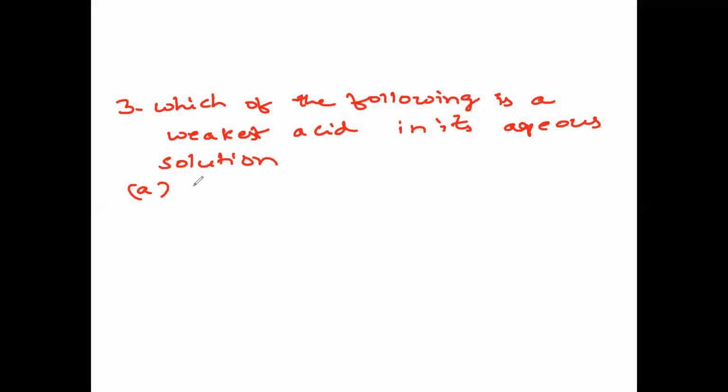Option 1, hydrogen telluride. Option B, that is the second option, selenium hydride. Option C, hydrogen sulfide. Option D, H2Po, that is hydrogen polonium.